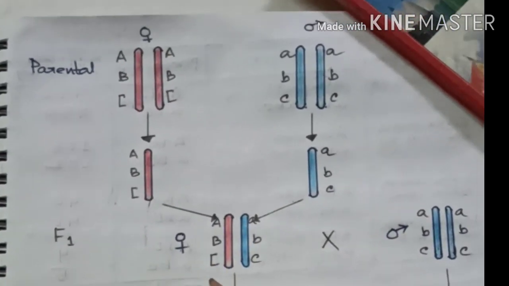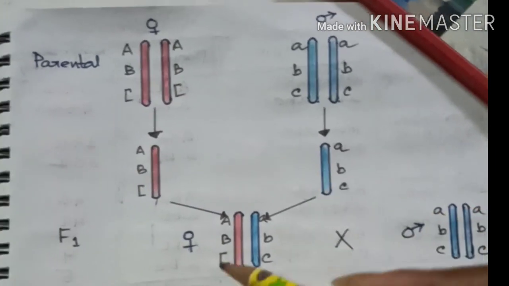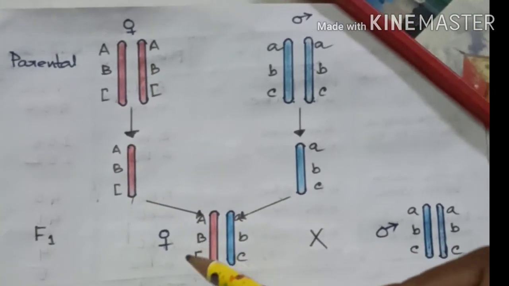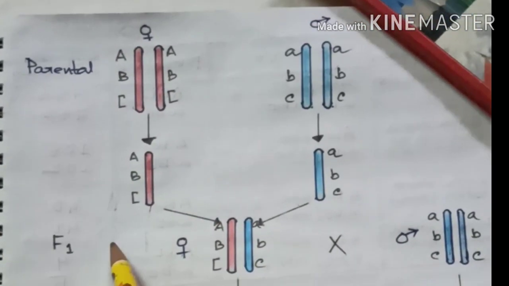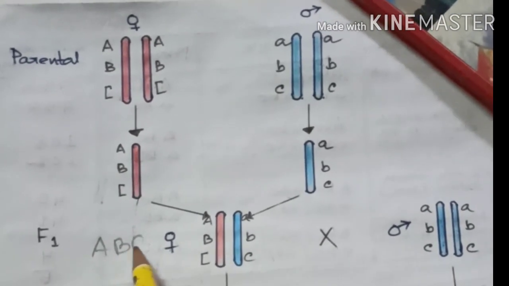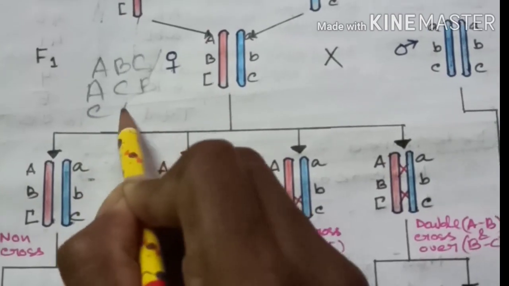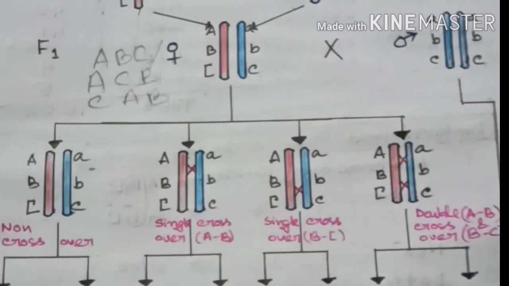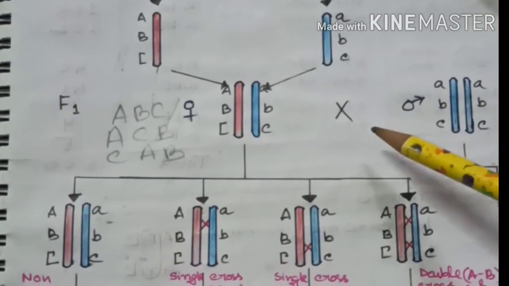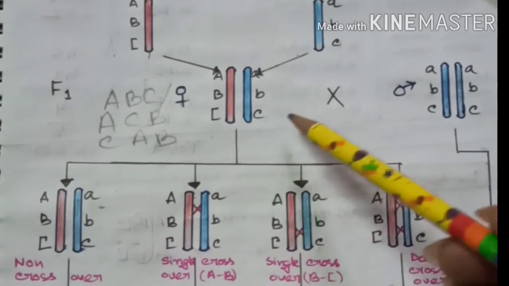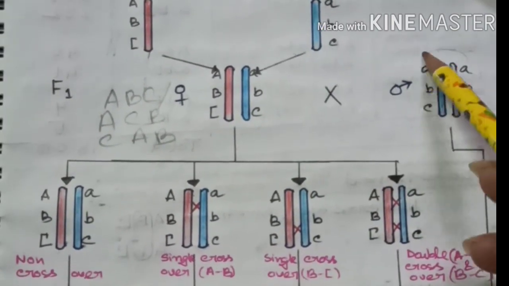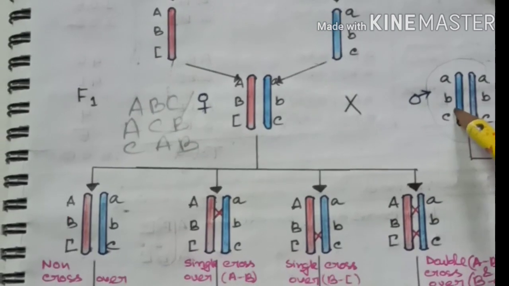Here we need to know the order of genes in this chromosome, that means A, B, C or C, A, B, like that. So a test cross is always the F1 with the double recessive, small a, small b, small c.